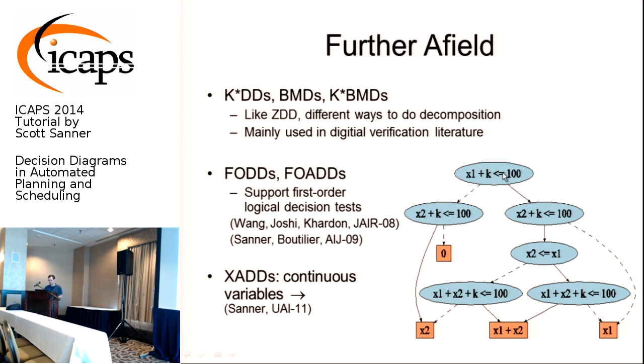And the inequalities can be true or false. And the leaves can now be expressions, not just constant values, but expressions of your variables. So this function here is a decision diagram over continuous variables x1, k, and x2. But it's pretty obvious that if I have values for x1, k, and x2, I can evaluate a path from root to leaf, and then evaluate the expression at the leaf. So this comes up a lot in continuous planning, where you get functions like this.